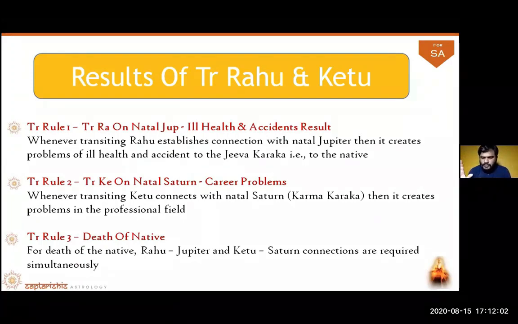Suppose that chart shows the longevity is short, then you can check the dasha and the Rahu, Jupiter, Ketu, Saturn transits, and you can easily know about the death of the native. So first, the important thing is you have to judge the longevity of the native. Then you can apply this third rule.